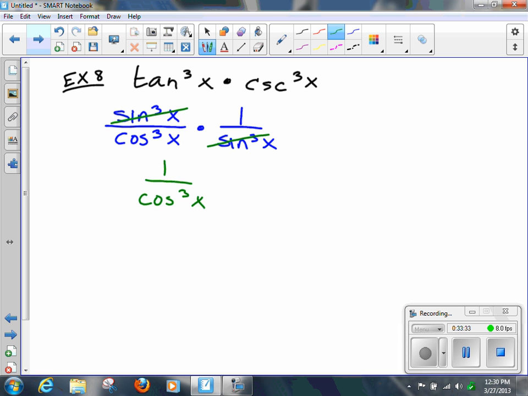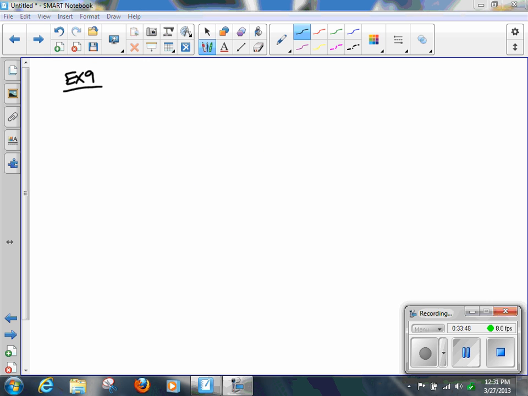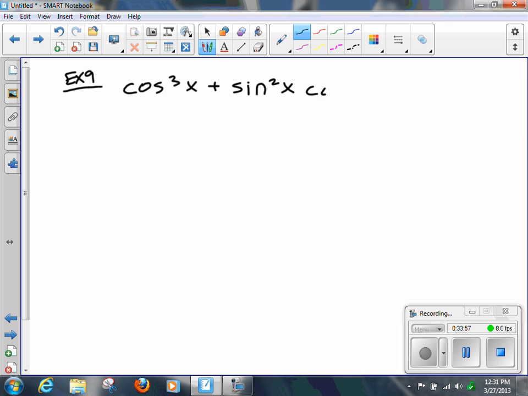And 1 over cosine cubed x is actually just what? Secant cubed x. Take a look at it. All right, see what you can do with that.